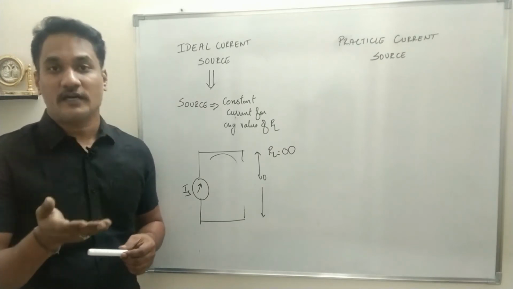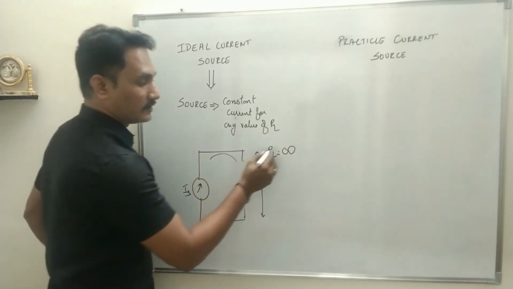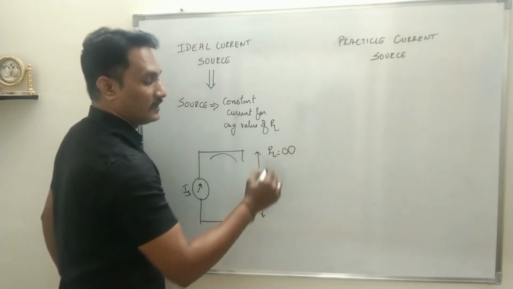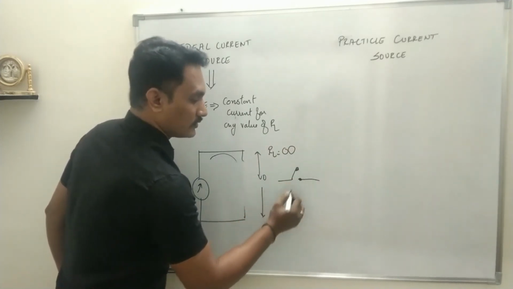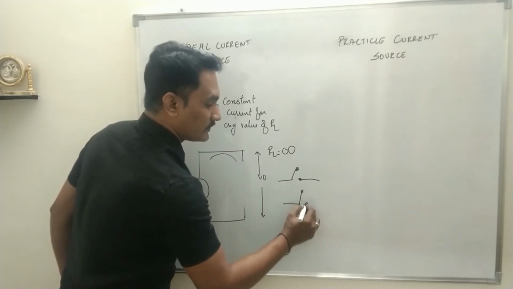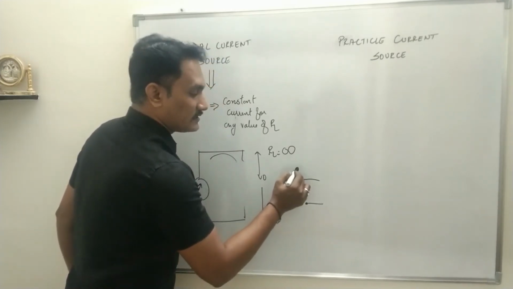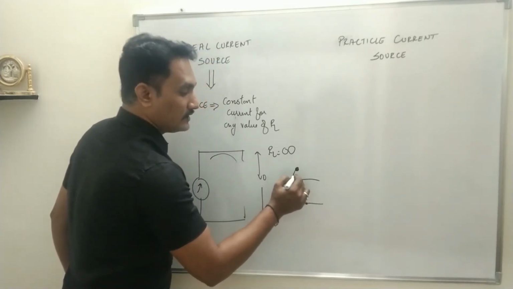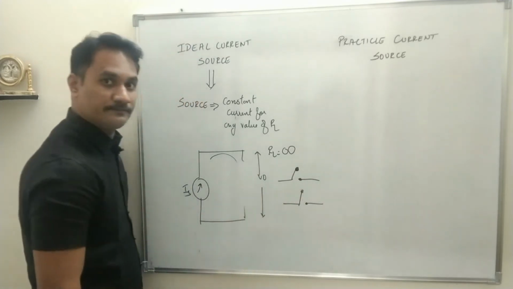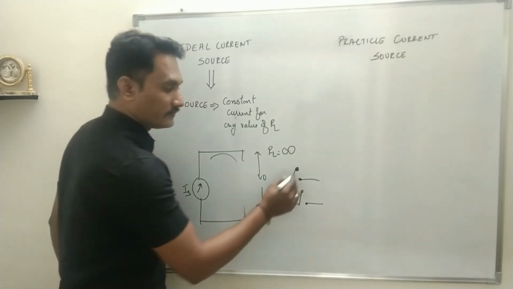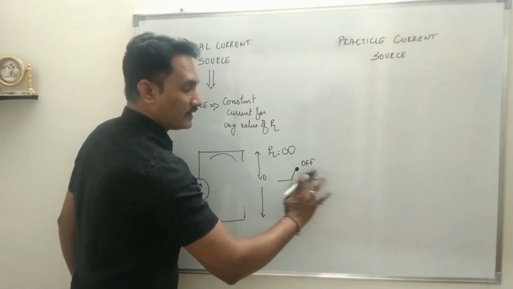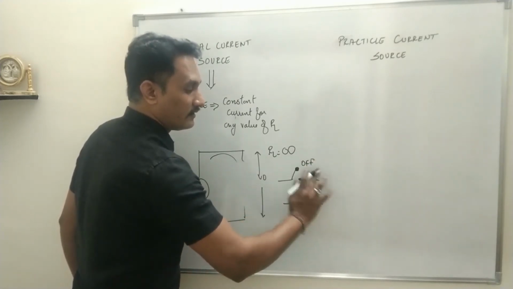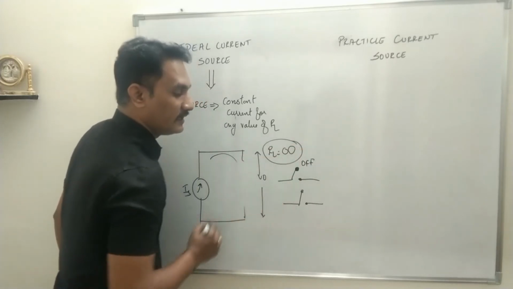Suppose a switch is there, right? So I will explain two things. If the switch is open, do you think current will flow through the switch? Of course not. If it is in the open condition, that means in the off state, no current is flowing, and if no current is flowing, we say the resistance is infinite.